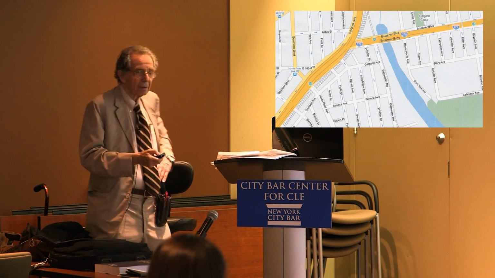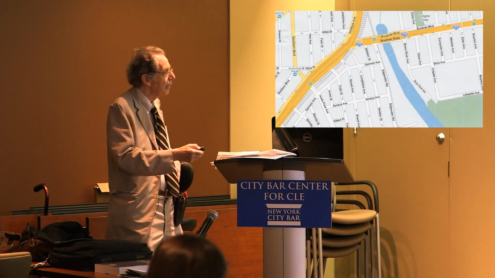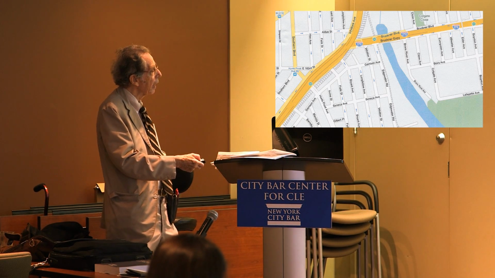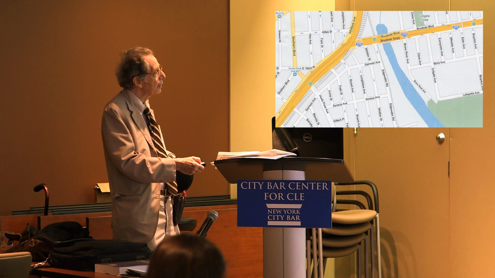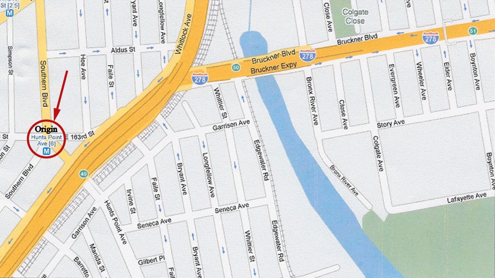In my opening, I told the jury that James Brown and his 7-year-old daughter got into a gypsy cab here at this station after they came back from a visit to a family member in Virginia. They got into the cab along with other passengers, and told the driver to take them to James Brown's home.